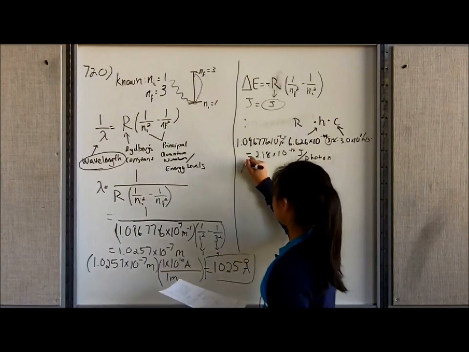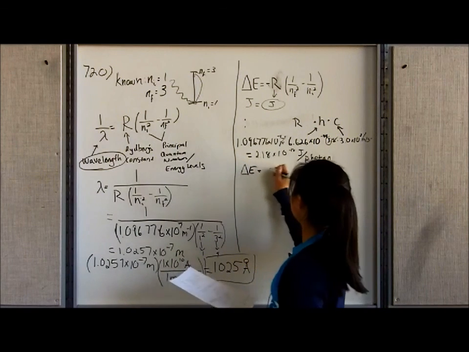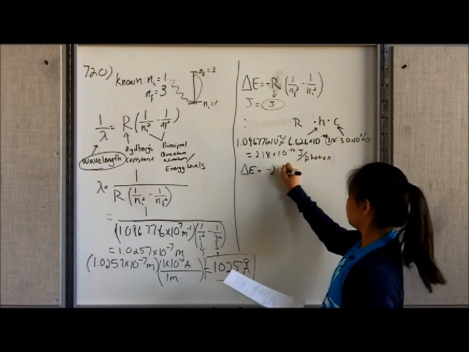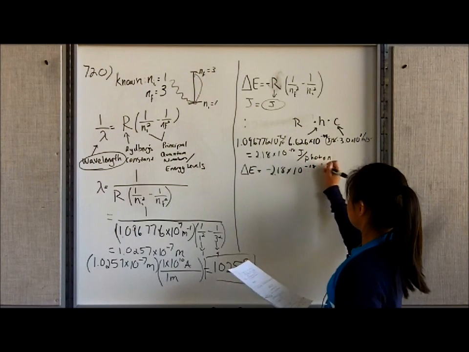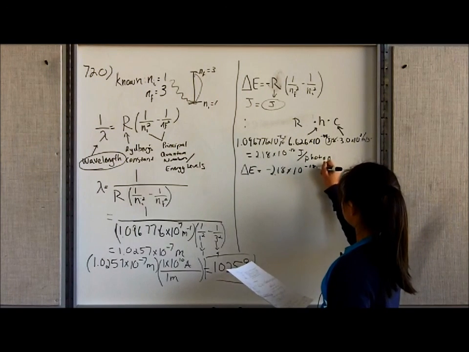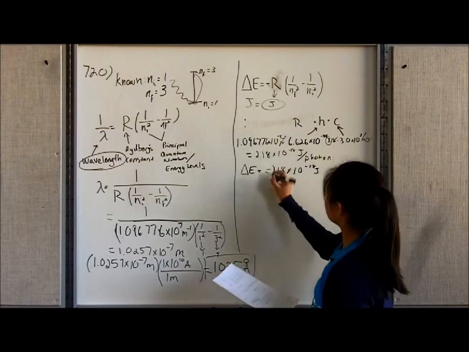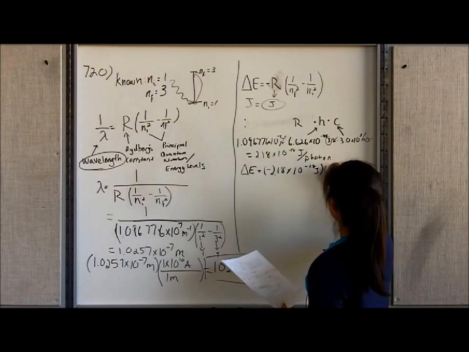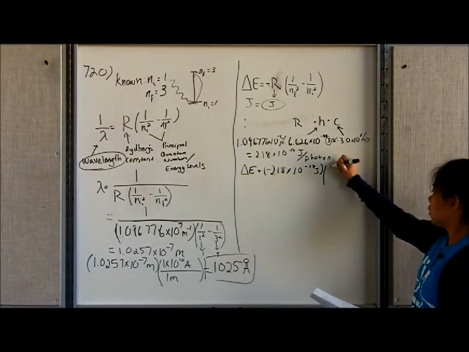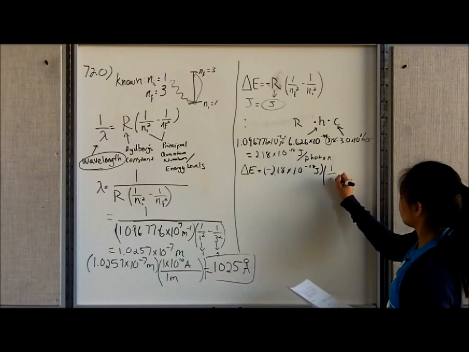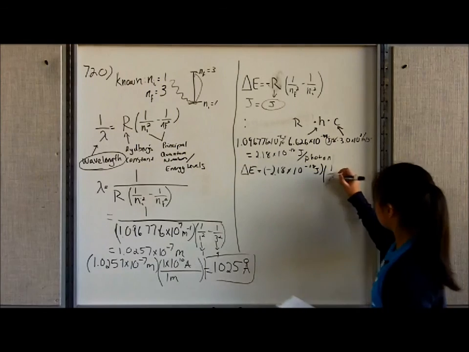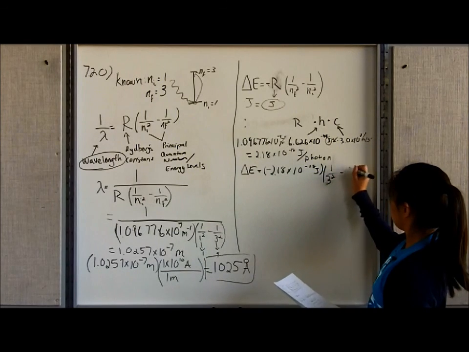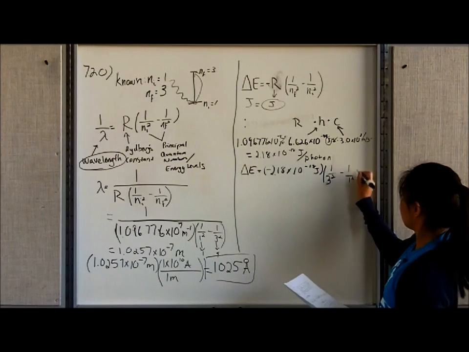So now we have your delta E equals negative 2.18 multiplied by 10 to the negative 18 joules per photon, multiplied by 1 over 3 squared minus 1 over 1 squared.